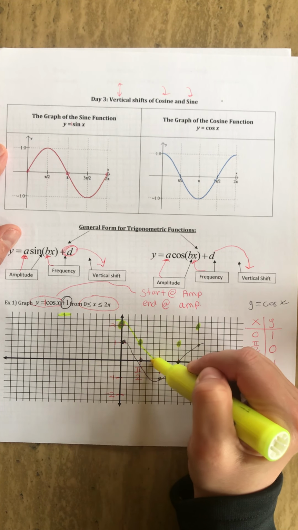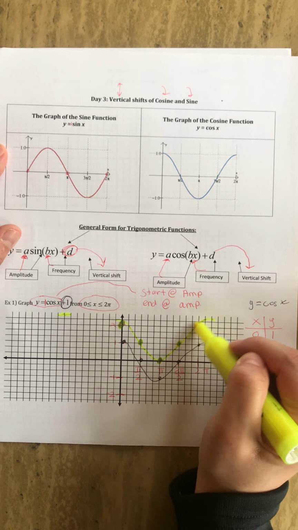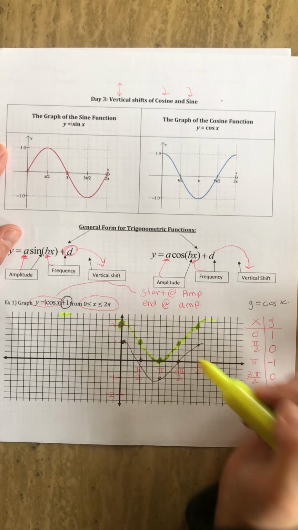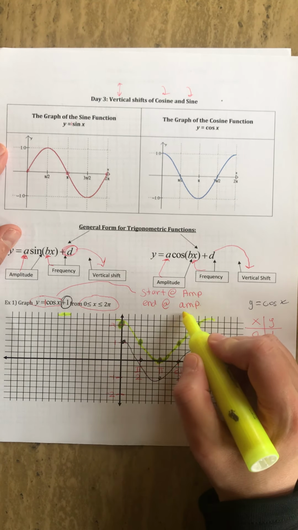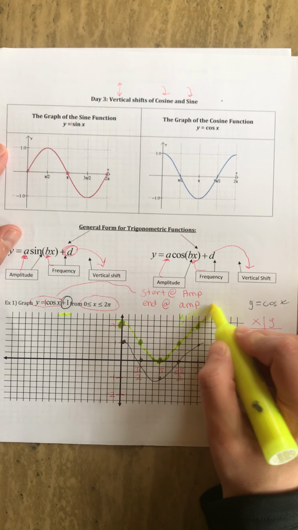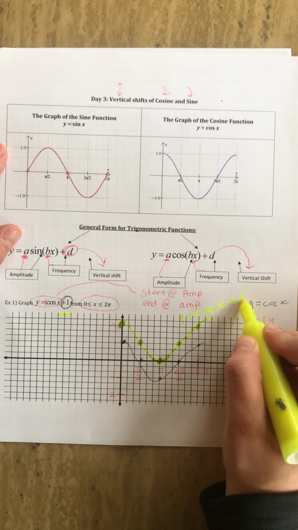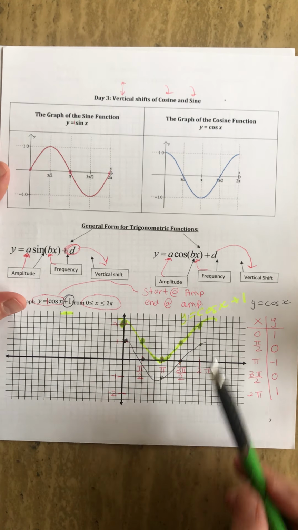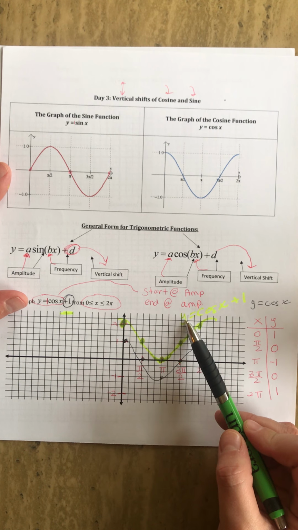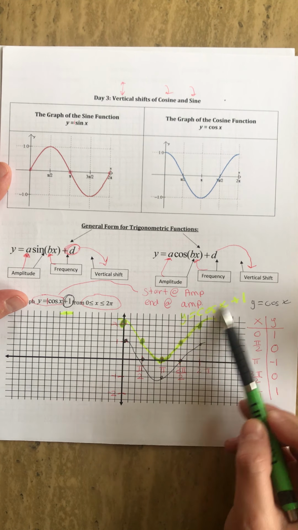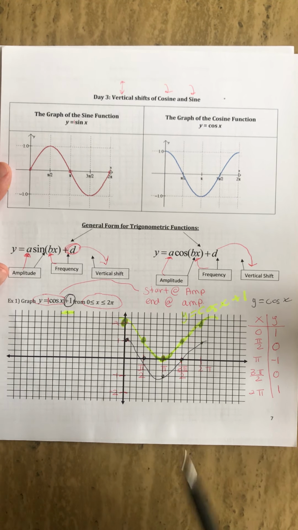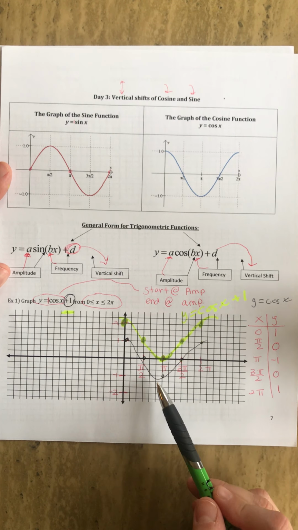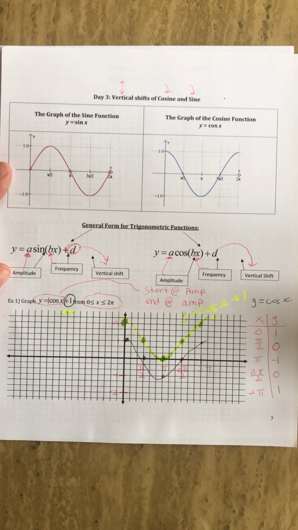And you will see right here that we have y equals cosine x plus 1 with the shift up 1 unit. Make sure when you have 2 graphs here that you write down the equation of y equals cosine x plus 1 if you are graphing both of them.